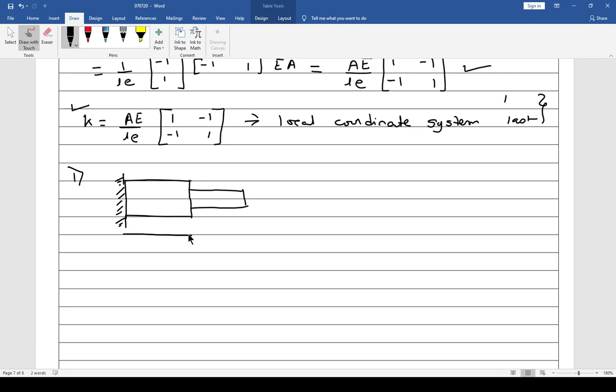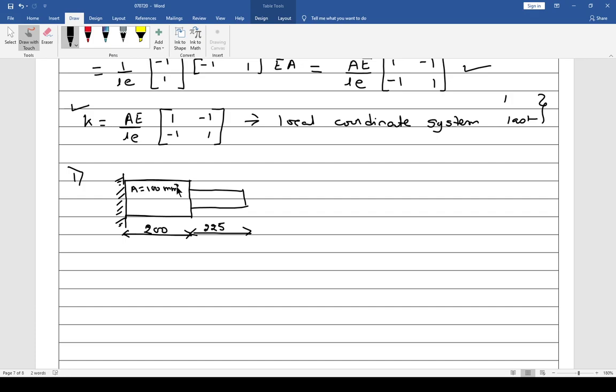So let's consider this to be, let us say, 200 mm, and this to be a little larger, 225 mm. Now the area of this, let us consider 100 mm square.